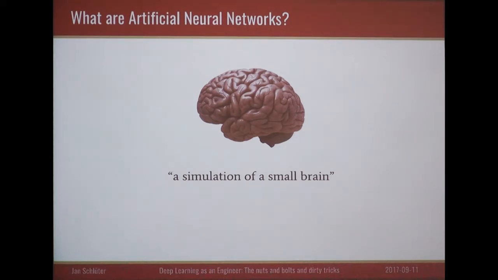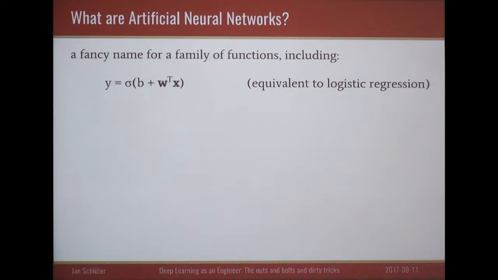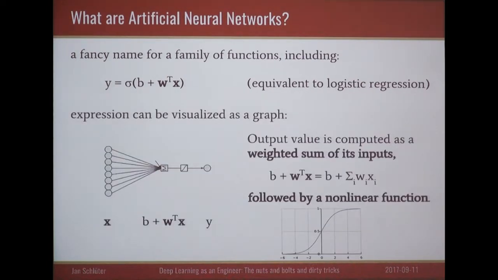So artificial neural networks are not simulations of a brain, but just a name for a particular family of mathematical functions, which includes this function, which we can visualize as a graph. It takes some input vector, computes a weighted sum, where the weights are the parameters of the model, adds some offset, and passes this through a nonlinear function, which could look like this.